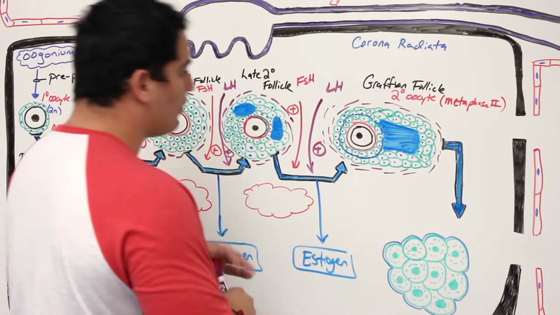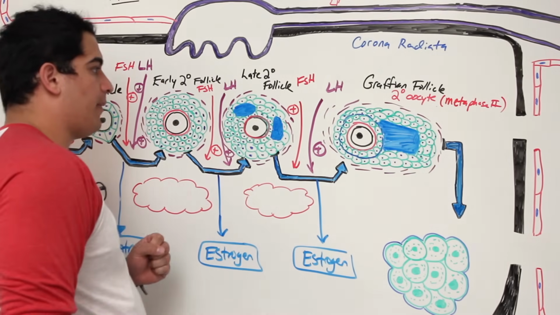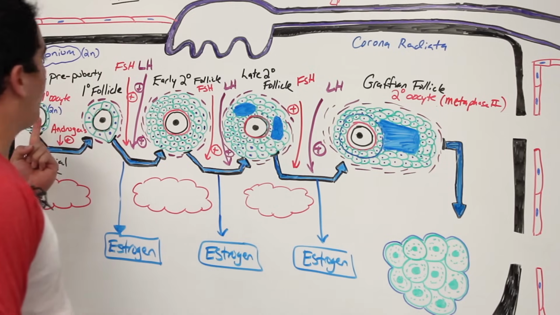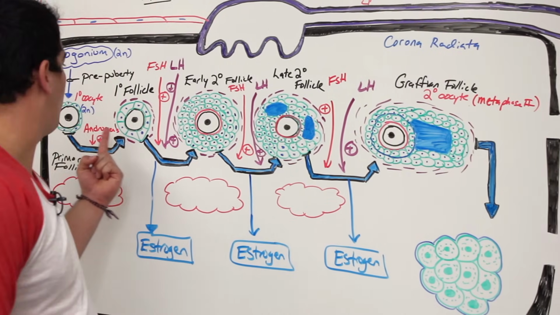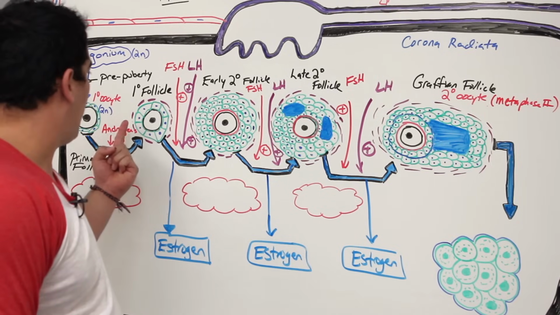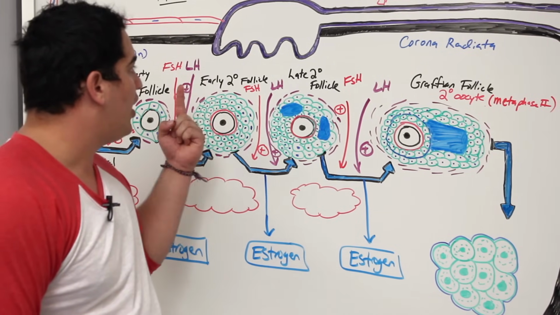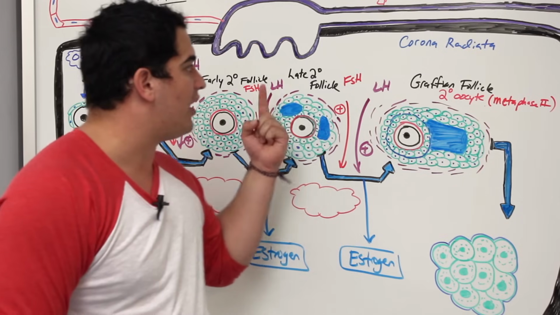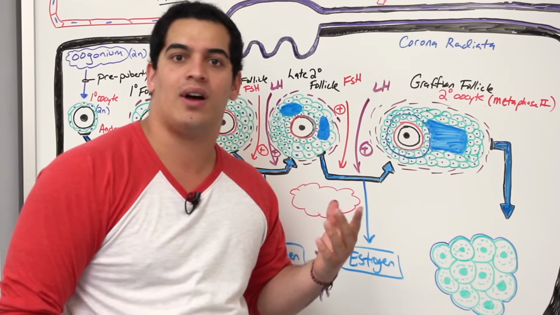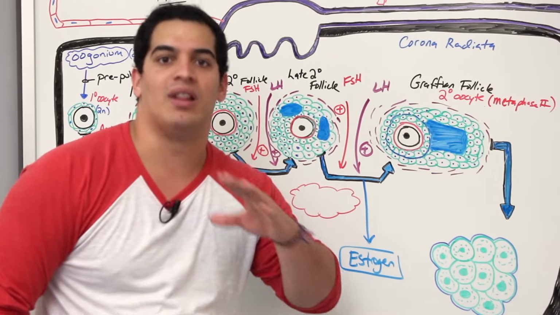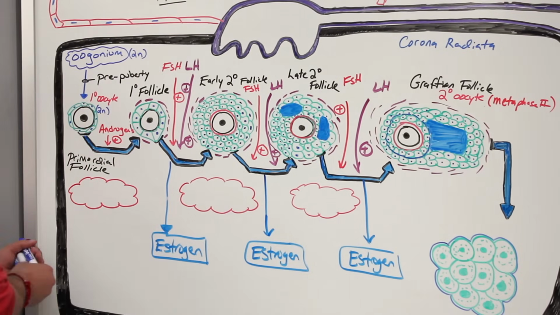Now, we need to talk about something real quick. What is this whole phase here called? This whole phase of going from a primordial to a primary to an early secondary to a late secondary, and then a late secondary to a tertiary or Graafian follicle, is called the follicular phase. So again, what is this here called?